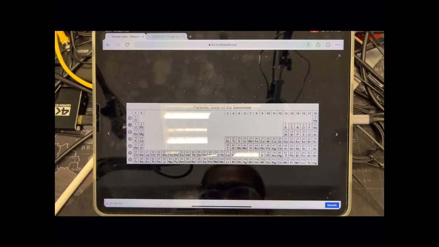The next one is lithium. Lithium has 3 protons and 3 electrons, right? So when they say doubly ionized, it means that we throw away 2 electrons from the lithium atom.